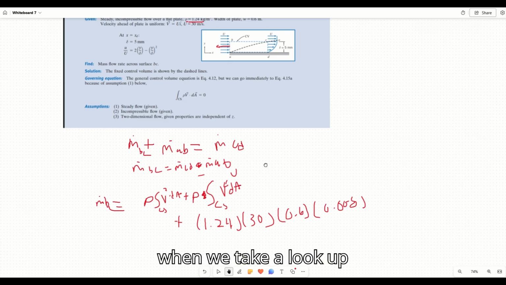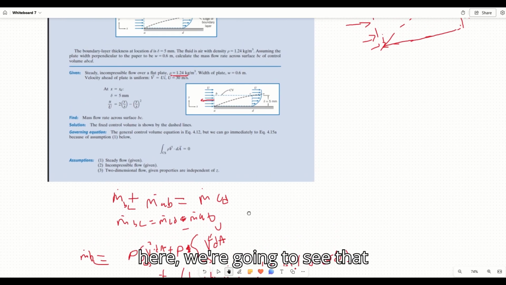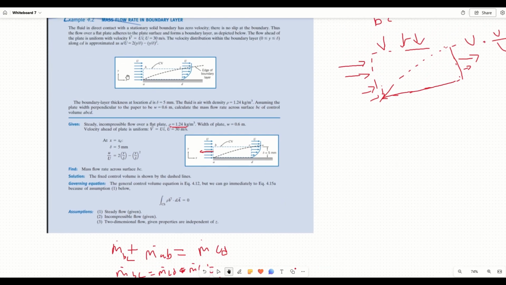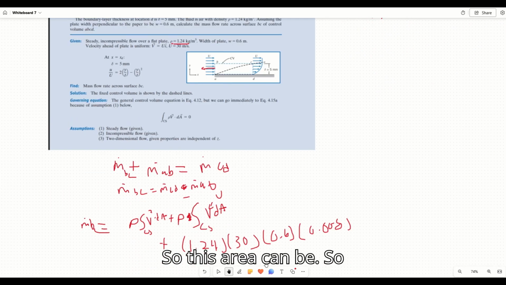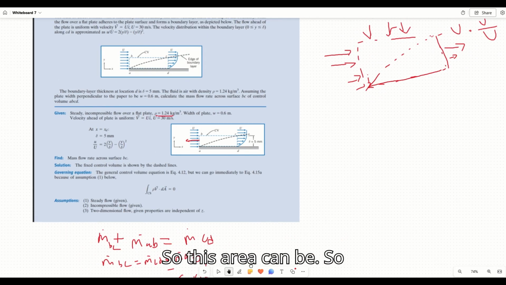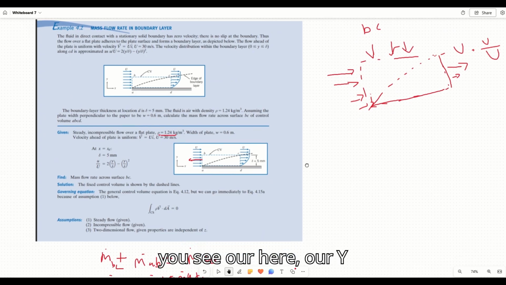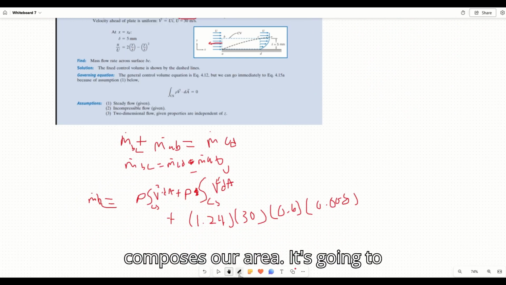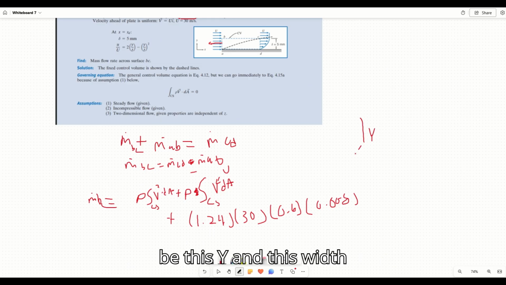So when we take a look up here, we're gonna see that it tells us, so this area can be, so you see our y here, our y and our width, right? That's what composes our area. It's gonna be this y, and this width.